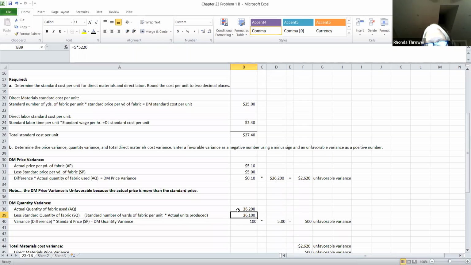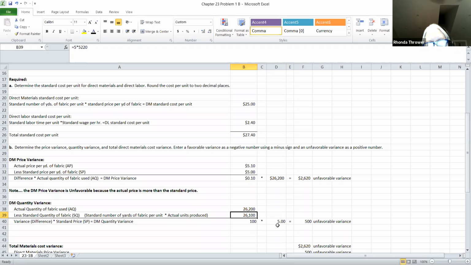And again, the actual amount of fabric that we used is more than what we had budgeted for. The difference, which is what we call the variance, is 100 yards. And this variance is unfavorable because our actual was more than what we had budgeted for. You're going to take this variance and multiply it by the standard price.